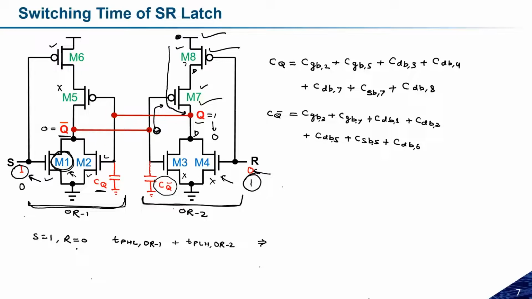Okay, fine. So if our state is something like this, S is equal to 1, what we are doing is simply discharging this Q bar and trying to charge this Q. So Q will become 1 and Q bar will become 0.